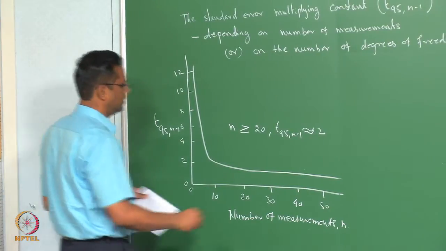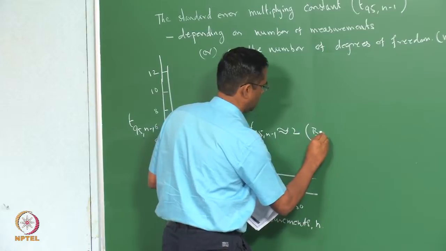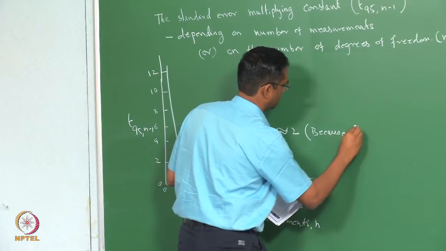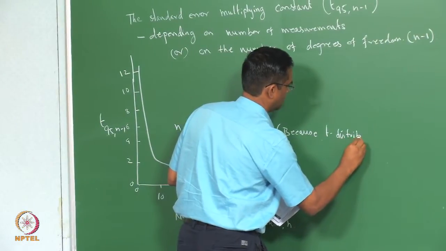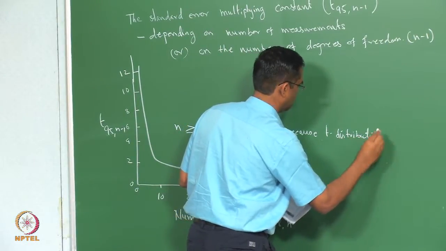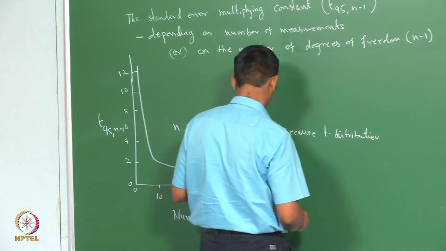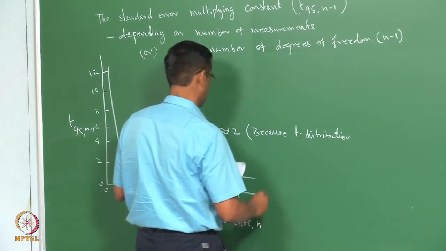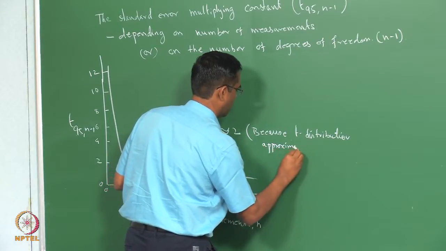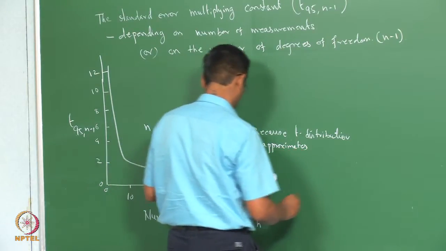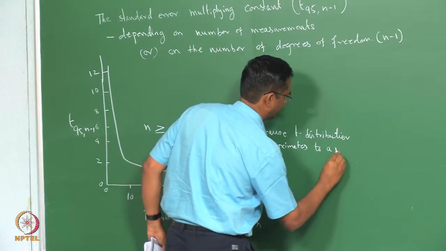This is because, you can write it in the bracket, the T distribution approximates to a normal distribution.